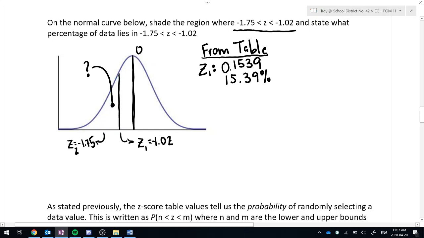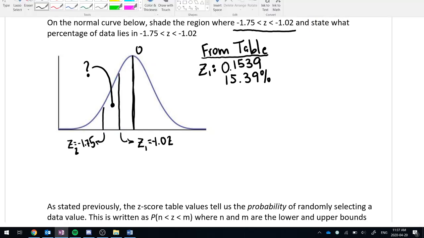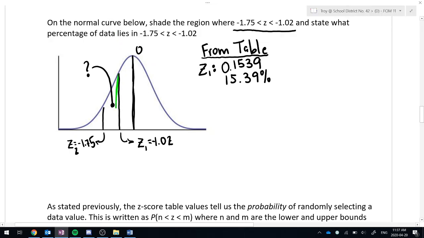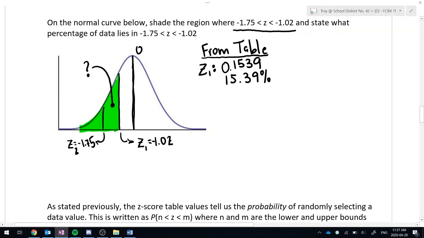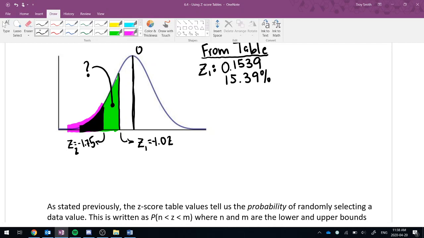So if we take this z-score value here, which gives us all of this, and from that subtract the z-score area for this part, what we're going to have left is just the green portion. Okay, so we're going to take the z-score of 1, subtract from it the z-score 2, and what we'll get is just that area.